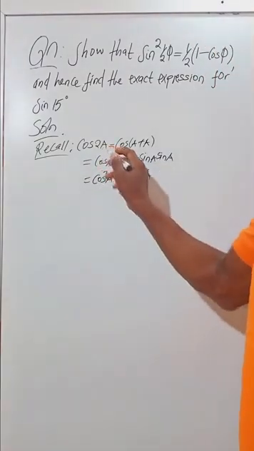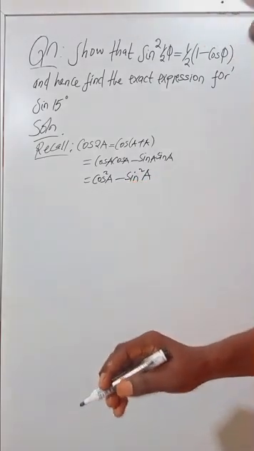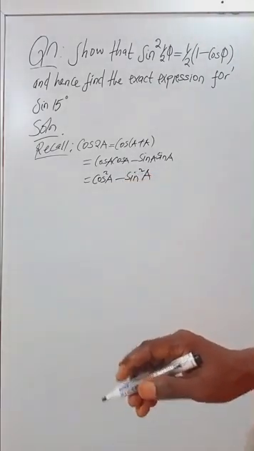So when you have cos 2a, this is what you will get.